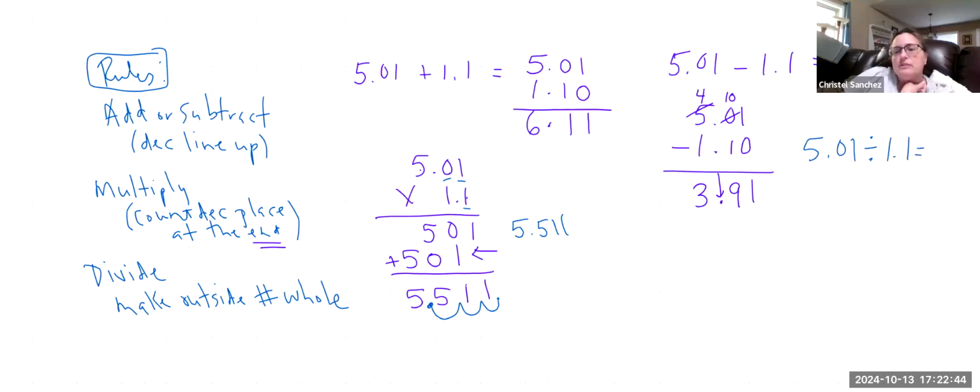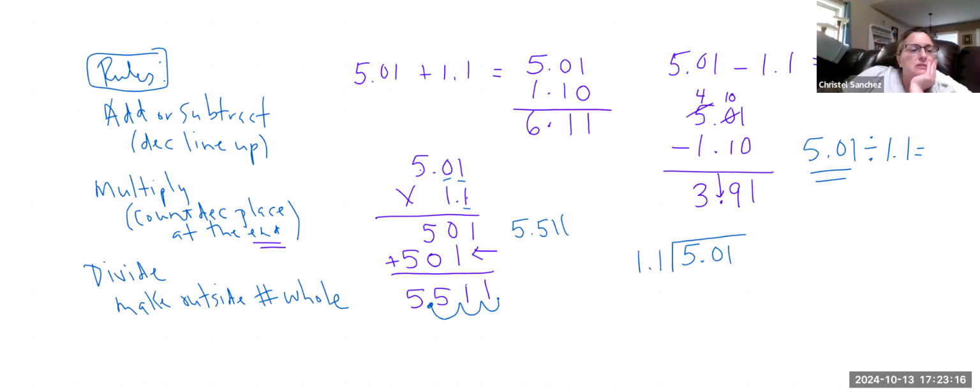So the first number, just like the top number when we're dividing the fractions, the first number is always what's going to go inside the house, okay? So we have 5.01 divided by, so this line right here, y'all, means divided by. So we have 5.01 divided by 1.1.